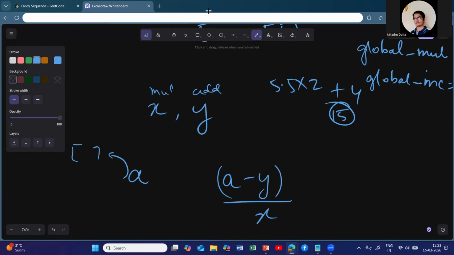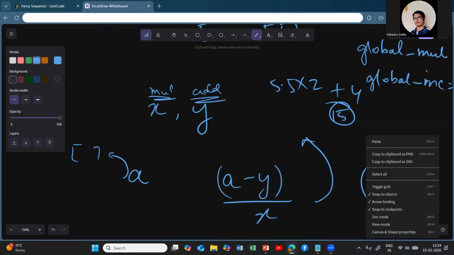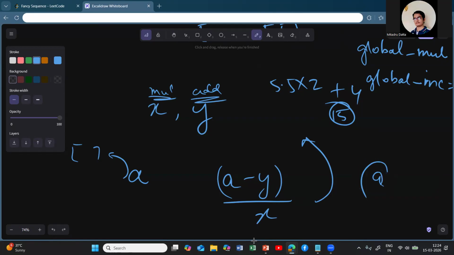You do a minus y divided by x, and then store it into your vector. Therefore, if you want to perform no operation, what will you do? You will multiply it by x, okay, and then add y. Multiply it by x and add y will give you a again, okay. So that element at that point is preserved if you just store it.